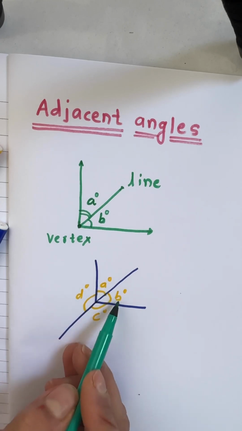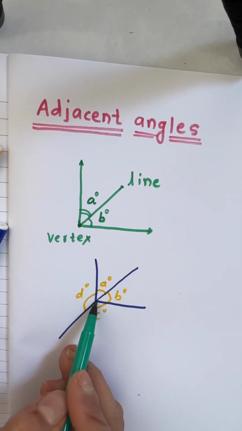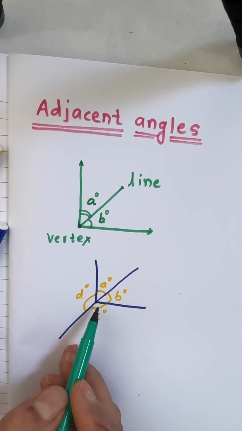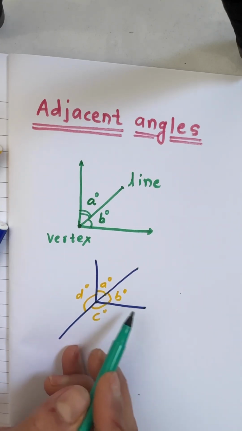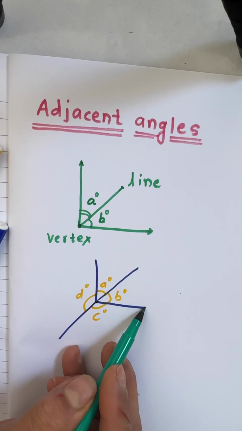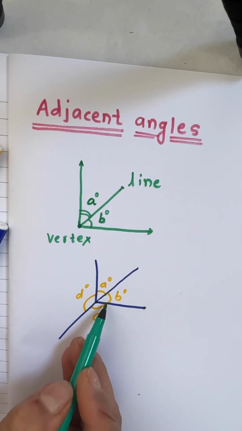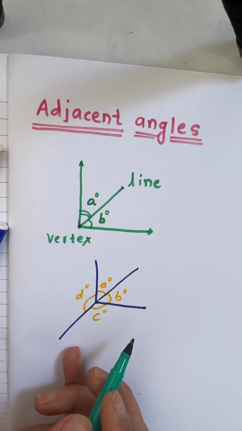Here A and B, it is containing a common line and a common vertex, so A and B both are adjacent angles. And also this line is common to the angle B and C, so B and C are also adjacent angles.